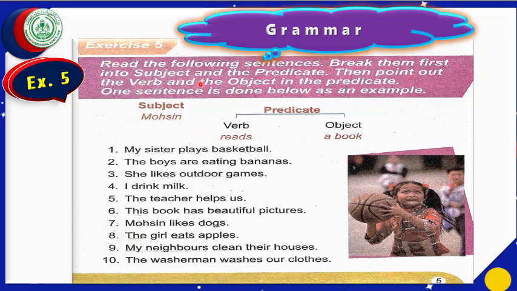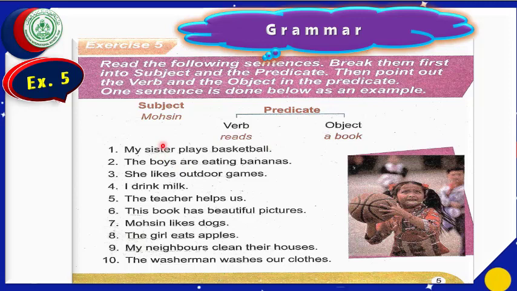Break them first into subject and the predicate. First of all, we shall break the sentences into subject and predicate. Then point out the verb and the object in the predicate. One sentence is done below as the example.